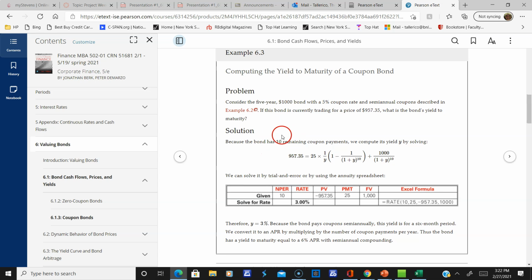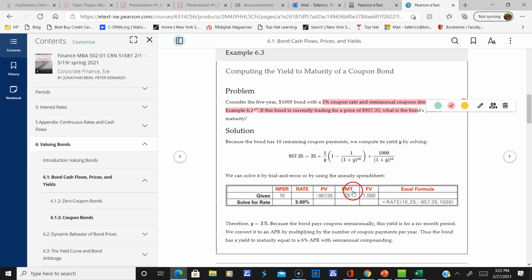Here we are in Microsoft Excel computing the yield to maturity of a coupon bond. Here is the face value. You see they put $1,000 when it matures with a 5% coupon rate. So 5% coupon rate every 6 months means you're going to get $25 every 6 months.